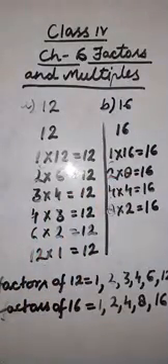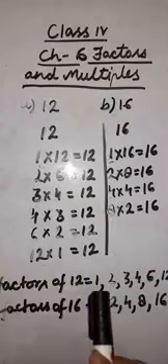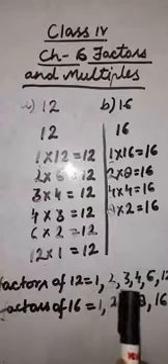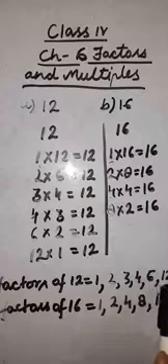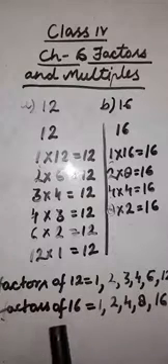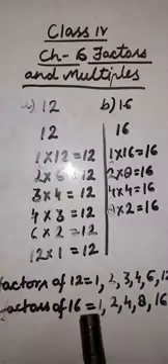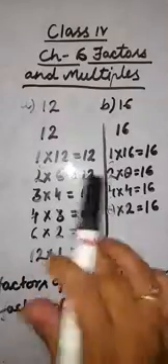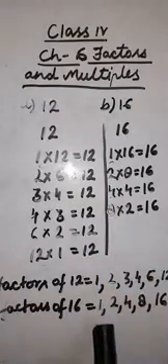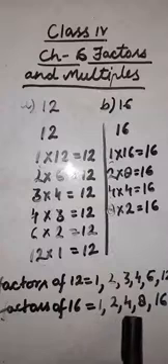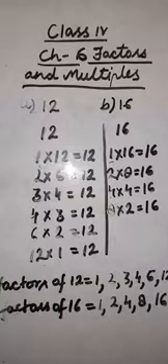Okay children? So here we have factors of 12: 1, 2, 3, 4, 6 and 12. And here factors of 16 is equal to 1, 2, 4, 8 and 16 itself. These are all the factors of 12 and 16. Right? Okay children?